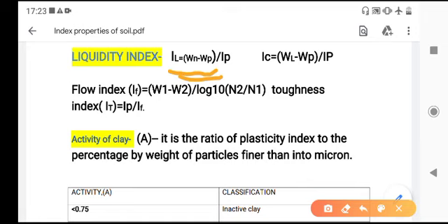This is called the liquidity index. IC denotes the consistency index: liquid limit minus natural water content, divided by the plasticity index. Flow index IF equals W1 minus W2 divided by log10 of N2 by N1, where W1 and W2 are the water contents corresponding to N1 and N2 drops.